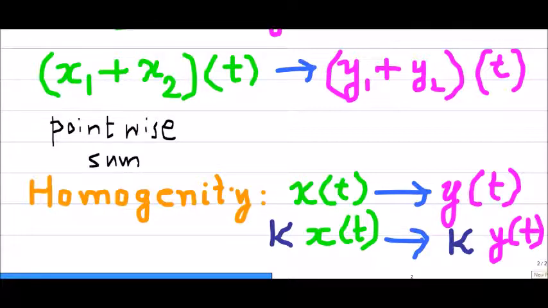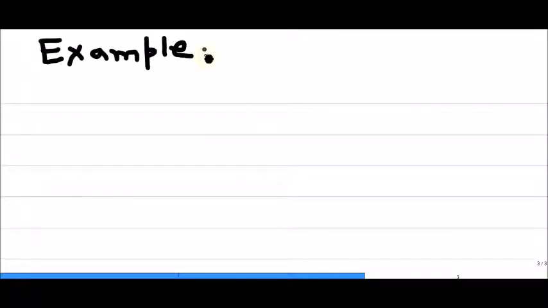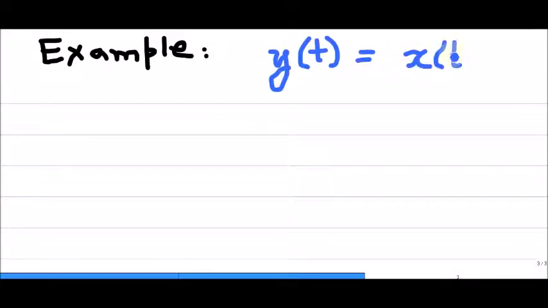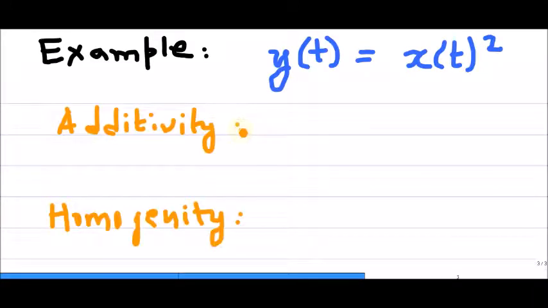To illustrate these ideas, let us pick an example. Consider a system, say y of t equals x of t squared, and let us pick up the two properties of additivity and homogeneity. To check for additivity, we need two inputs, x1 and x2. So we apply the sum of the inputs, x1 plus x2 of t.